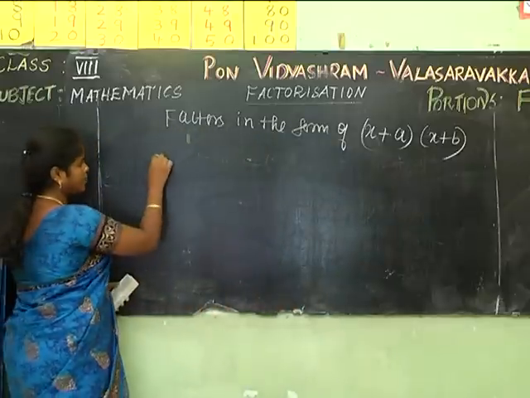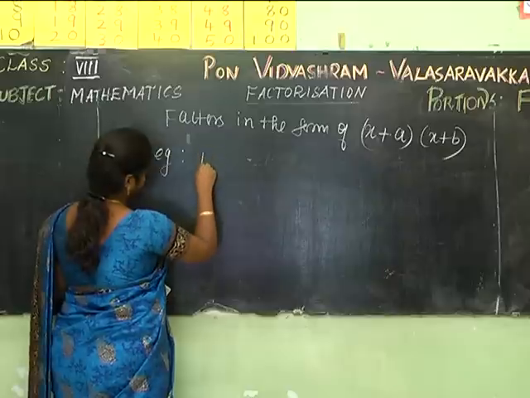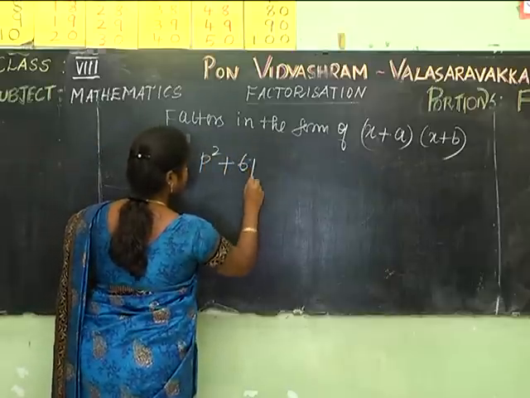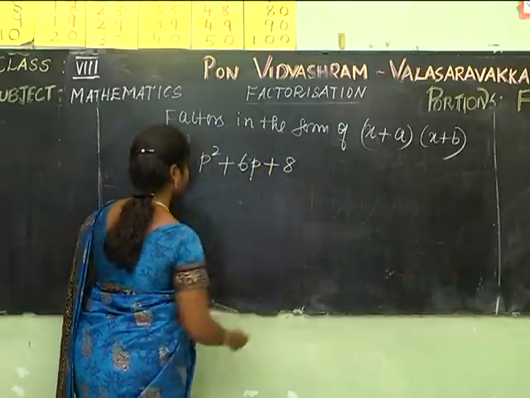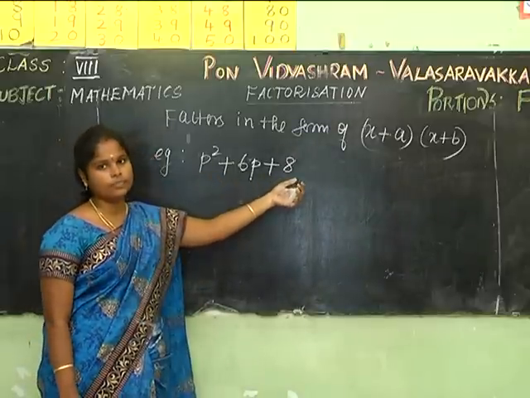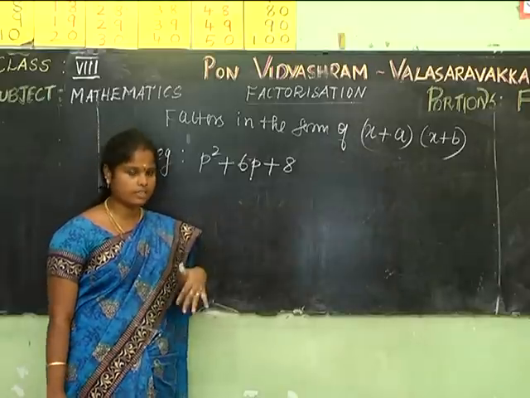Now let us give an example: p square plus 6p plus 8. Check the first and the last term. The last term is not a perfect square number, so we cannot use the first three identities.